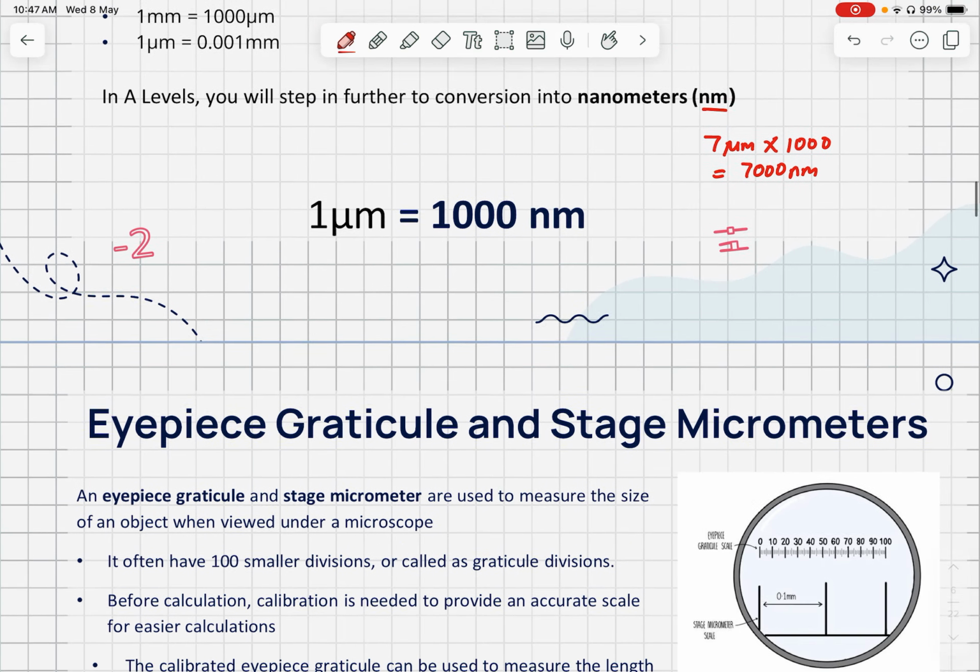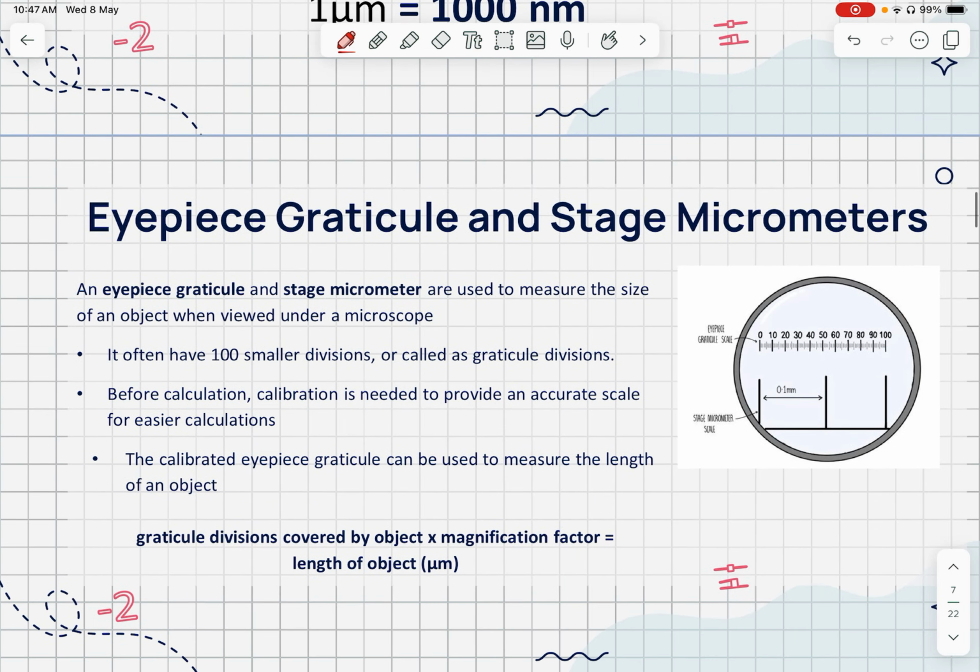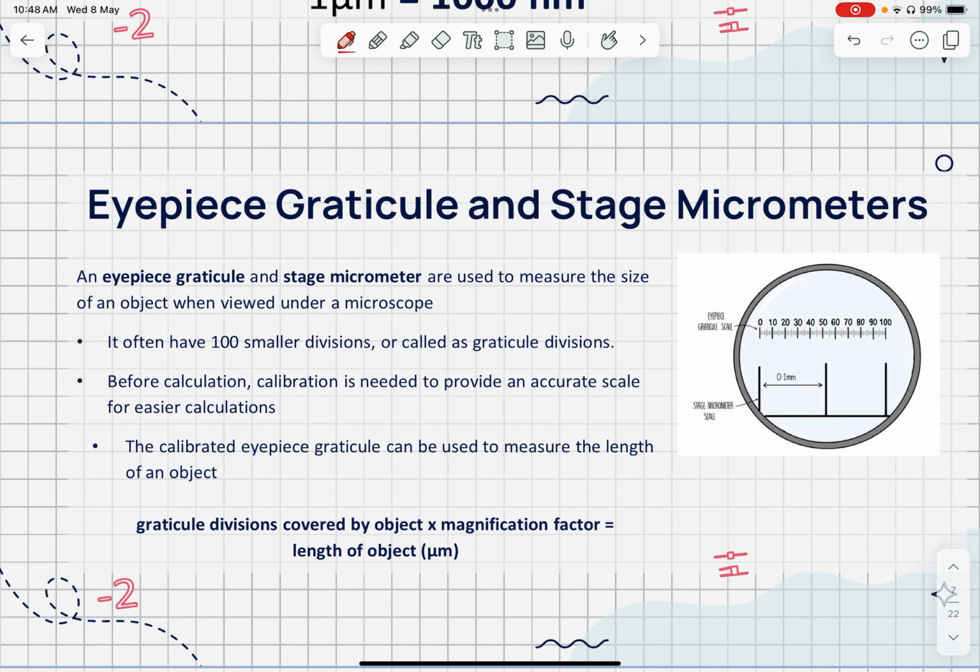Okay. All right, now we will enter this tricky part, which is the eyepiece graticule and stage micrometers. Not all light microscopes may have this, but they have another scale on the view that you can see, the field of view of the microscope.